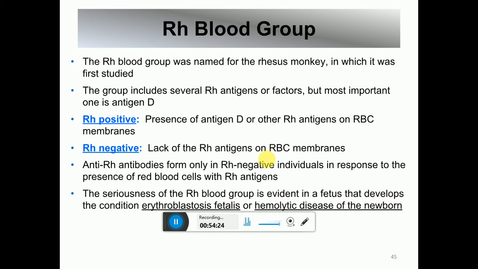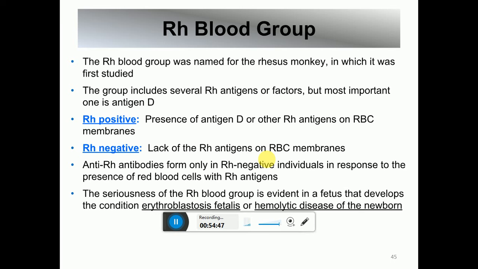So when we give somebody a blood transfusion, if that individual is Rh negative, we want to make sure that the blood they get is Rh negative as well. Because if they get Rh positive blood, their body is exposed to this Rh antigen for the very first time. It'll start making antibodies, and can start destroying those red blood cells.